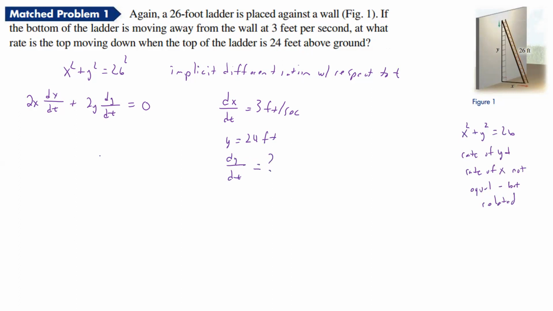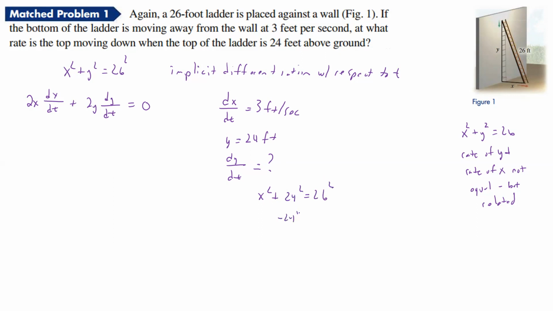If we plug in everything we have, we are looking for dy/dt. We know y. Now, what do we know about x? Well, we have to figure out x, so that's what we need to do first. We have to solve for x using this equation. So x squared plus 24 squared is equal to 26 squared.